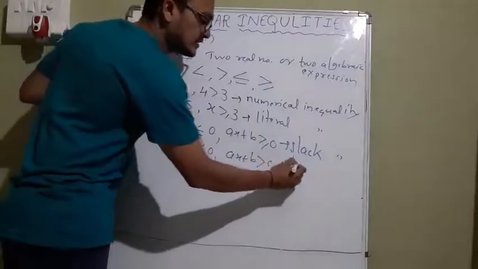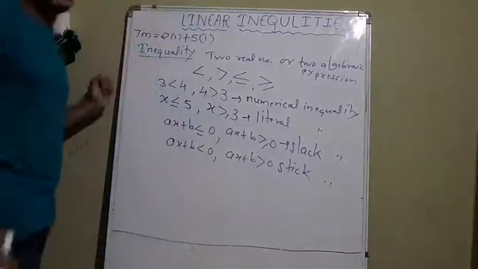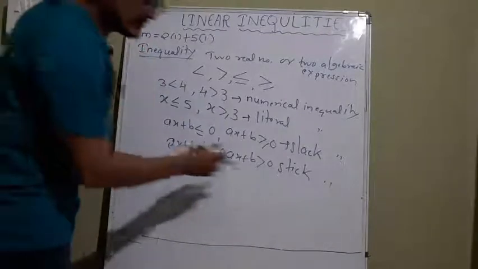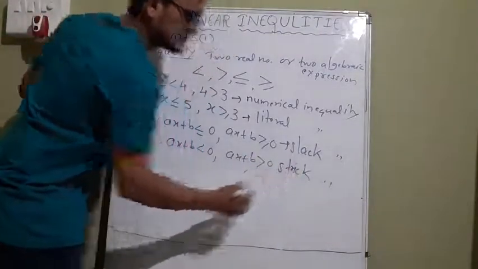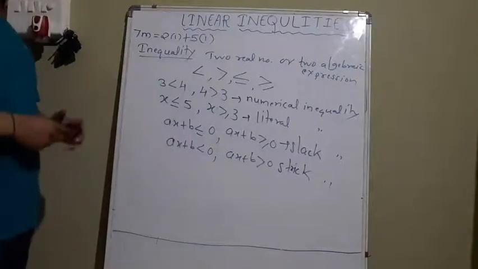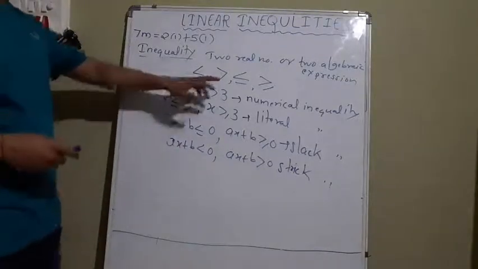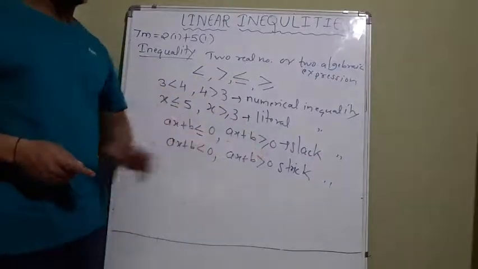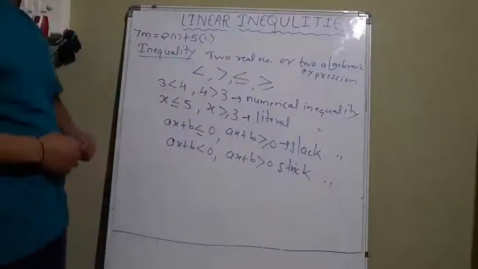This is called strict inequality. There are many more types, but among them numerical, literal, slack and strict are the main inequalities.